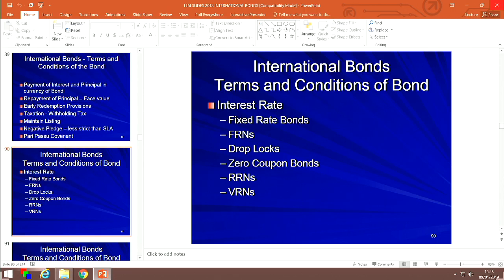The third type of interest rate clause is a clause whereby the issuer agrees to pay a LIBOR rate to bond investors or bond purchasers.